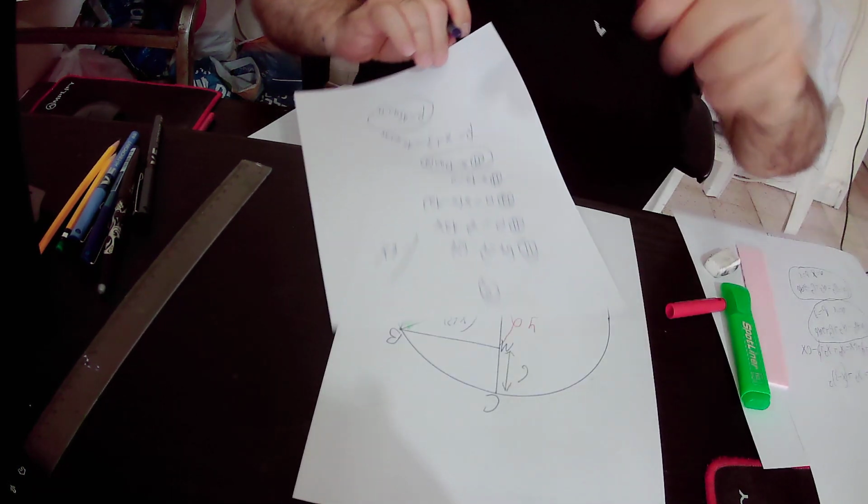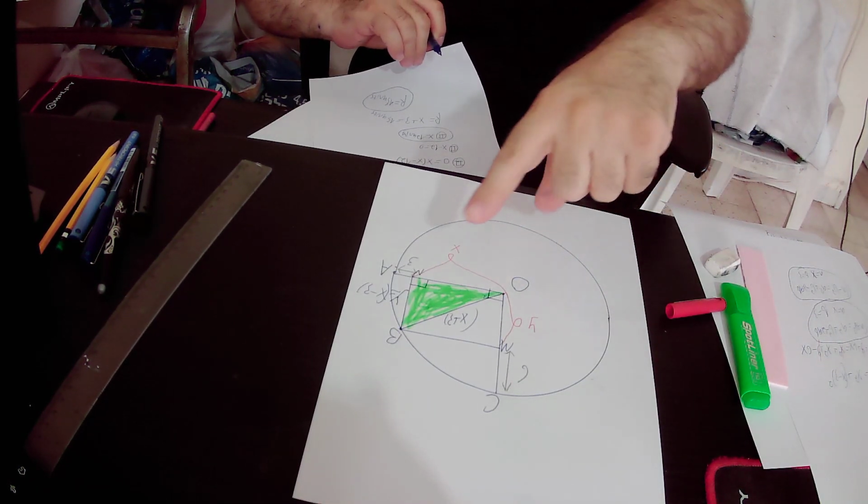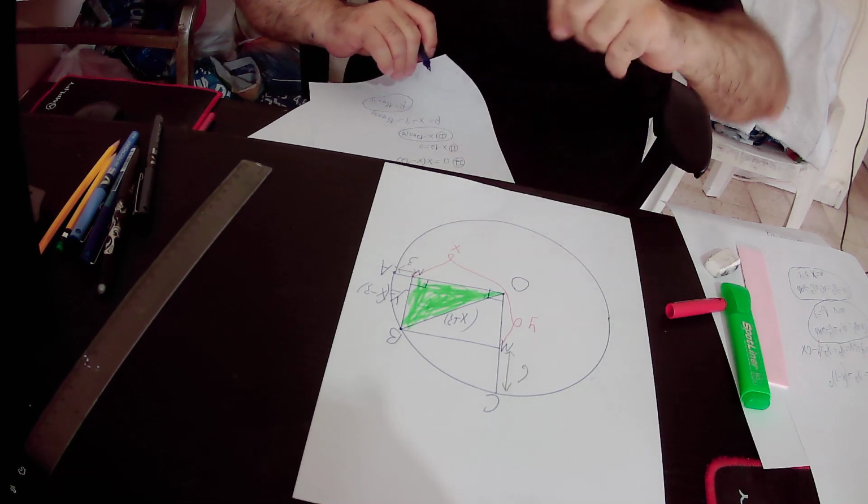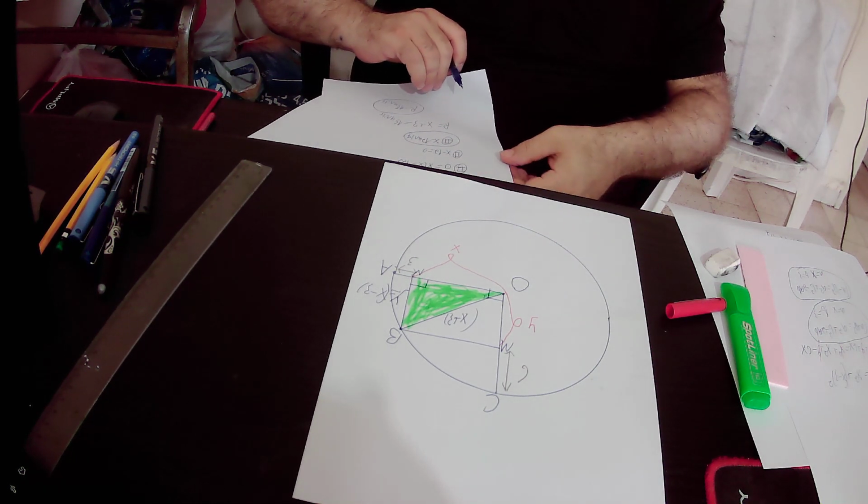So the answer to the question is that the radius of this circle equals 15 units.